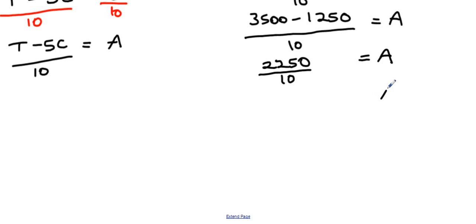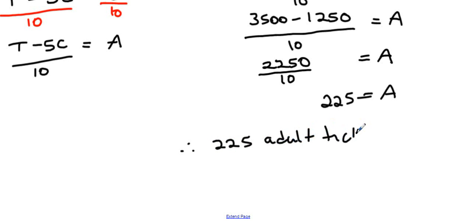So A equals 225. Therefore, 225 adult tickets are sold.